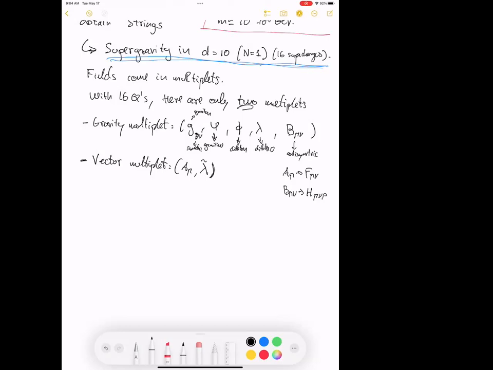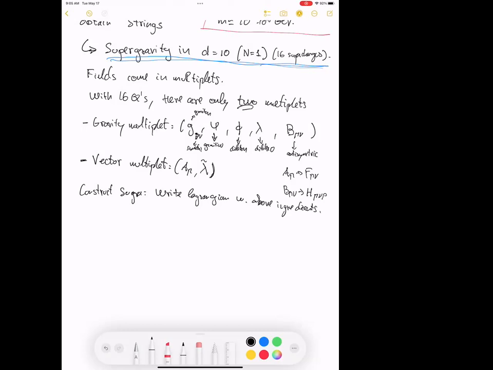And so when constructing a supergravity in 10 dimensions, you write a Lagrangian with the above ingredients. What are the ingredients one has?